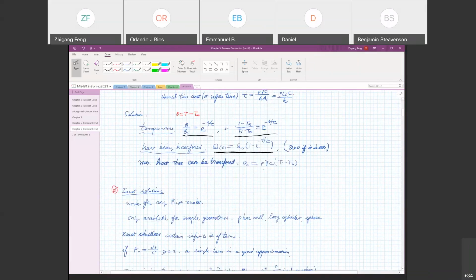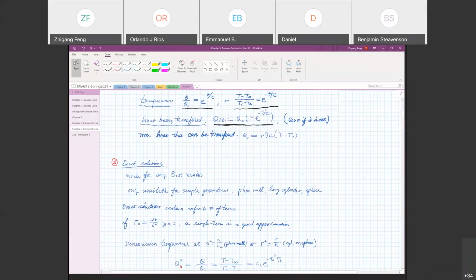And the second method we learned is called the exact solution. The advantage of this method is it works for any Biot number. So we don't have any constraint on the Biot number. But the limitation is, since the exact solution involves many terms, it contains an infinite number of terms. And to simplify the solution from infinite terms into one term, it requires the Fourier number to be greater than or equal to 0.2.